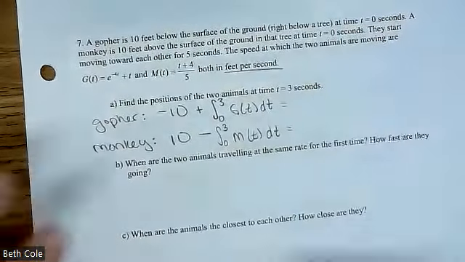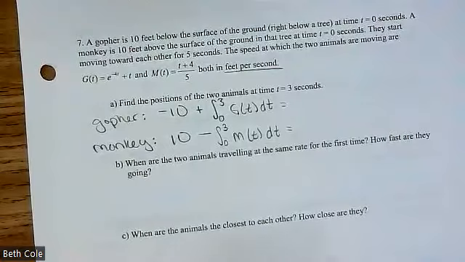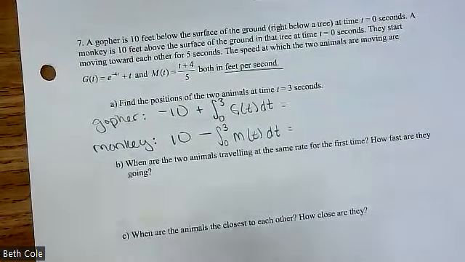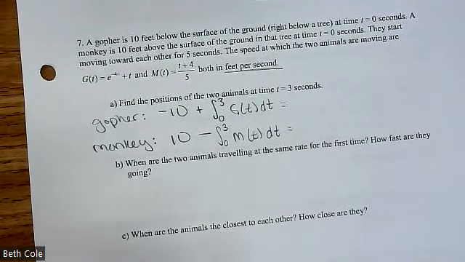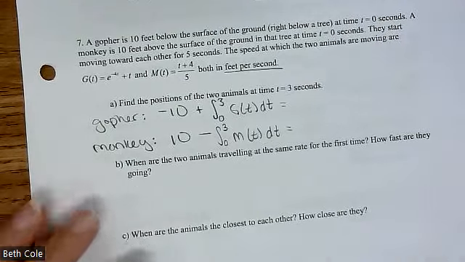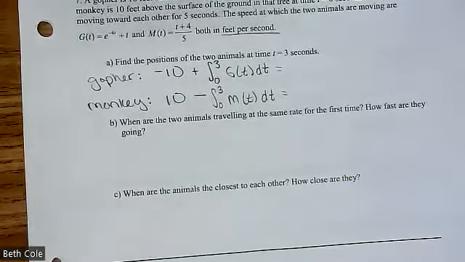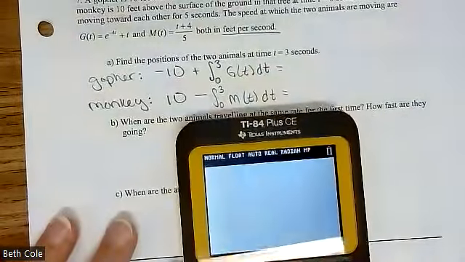Compare with each other and then let me know what you got. What'd you guys get for the gopher? Did either of you get an answer for the gopher?